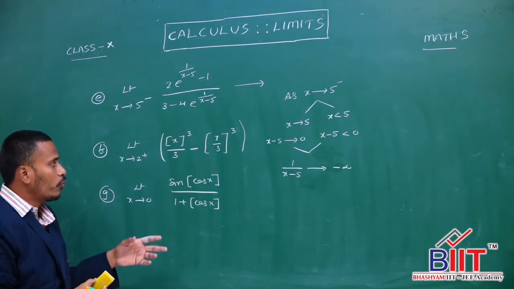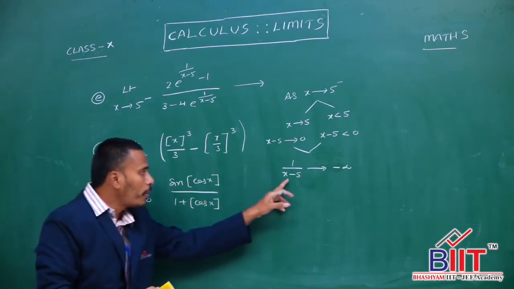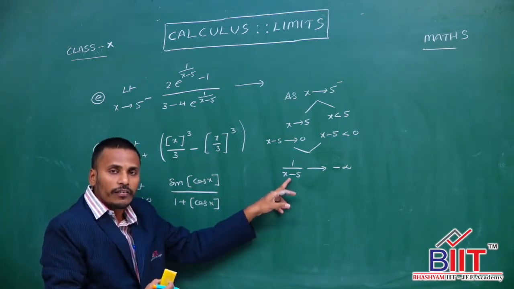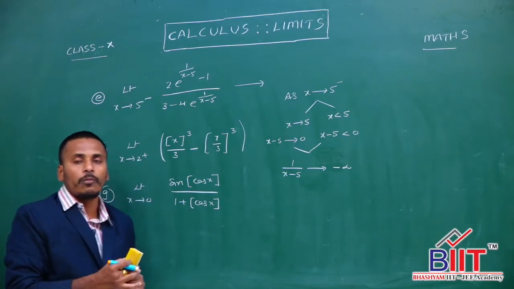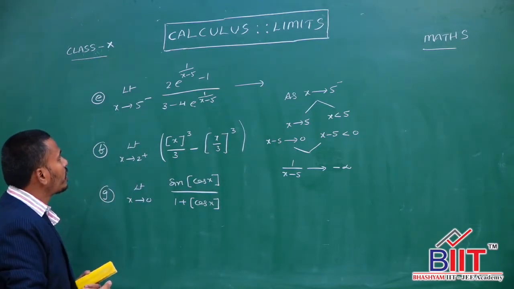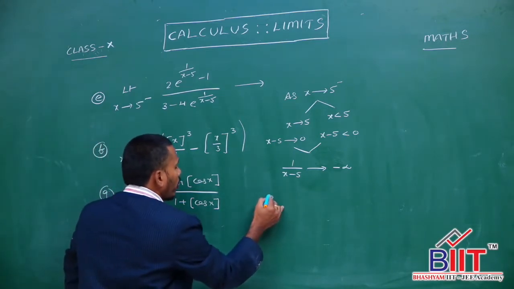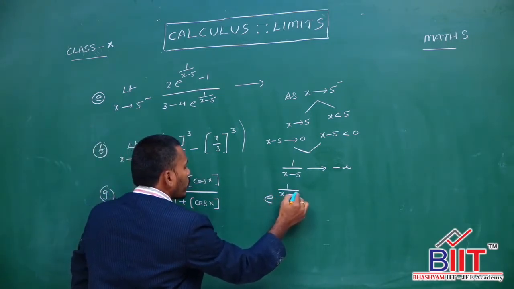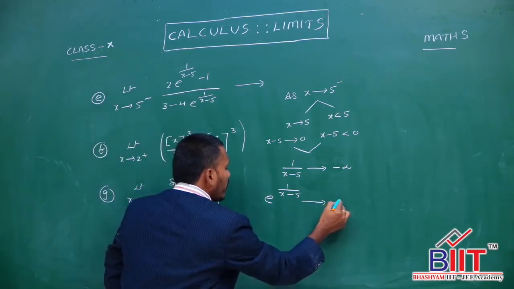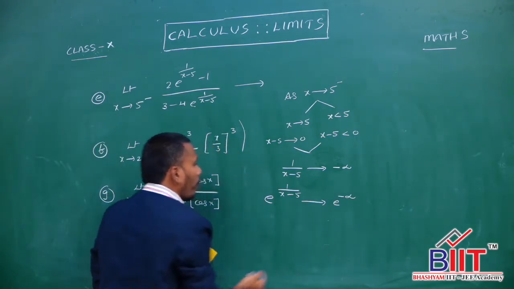because it's a negative value, right? So, the denominator is negatively very small, and its value is almost approaching minus infinity. Since 1 by x minus 5 is approaching minus infinity, what can you say about e power 1 by x minus 5? It is approaching e power minus infinity.